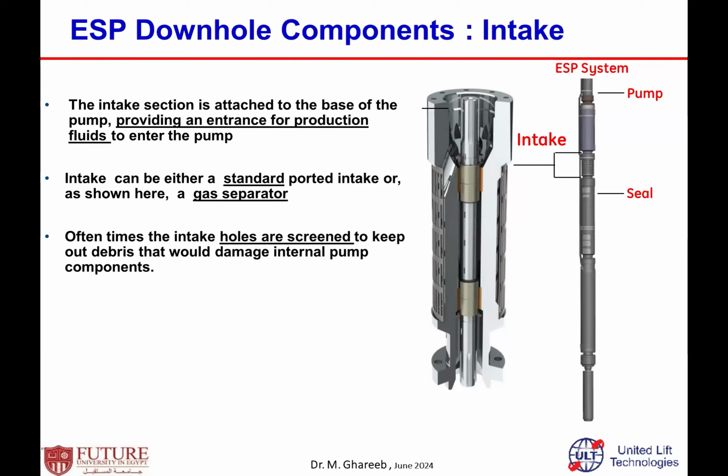The first function is to separate the gas, and meanwhile to allow the fluids to enter the pump. Sometimes it can have a screen outside to help with sand separation. It's not commonly used, but it can be.